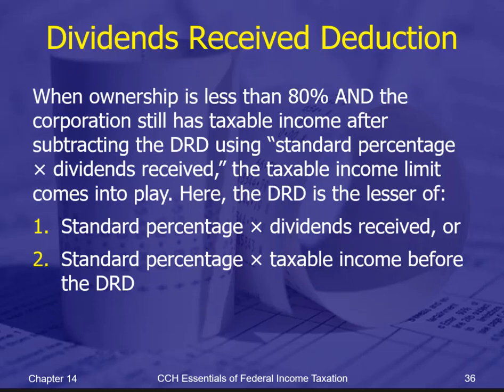If you still have taxable income after using the DRD, doing the regular standard percentage times the dividends received, the taxable income limit comes into play. So now you may have a DRD which is less than the standard dividend percentage. If the taxable income before the DRD is multiplied by that percentage and it's lower, you're taking the lesser of these two numbers.